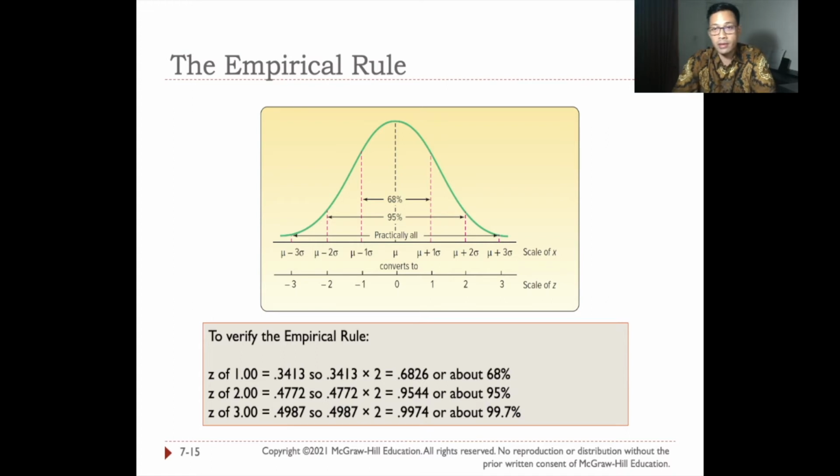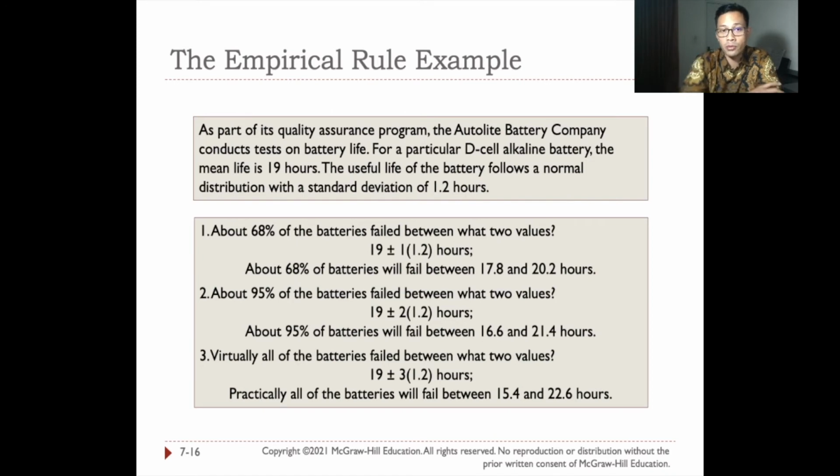So this is something that we've seen before, and this is a handy application of z-score to verify the empirical rule. If the distribution is normal and you know its mean and standard deviation, then you can use the empirical rule to find probabilities of plus or minus 1, 2, or 3 standard deviations.